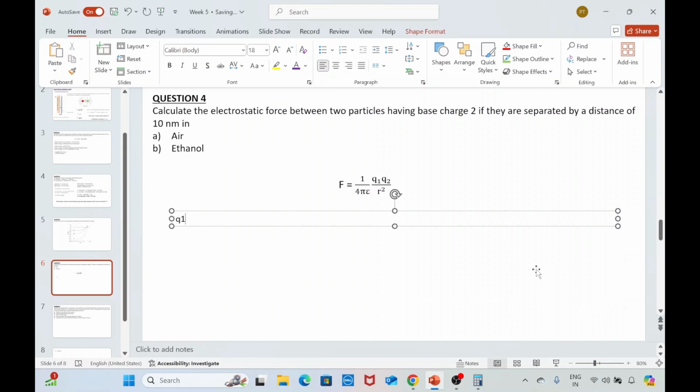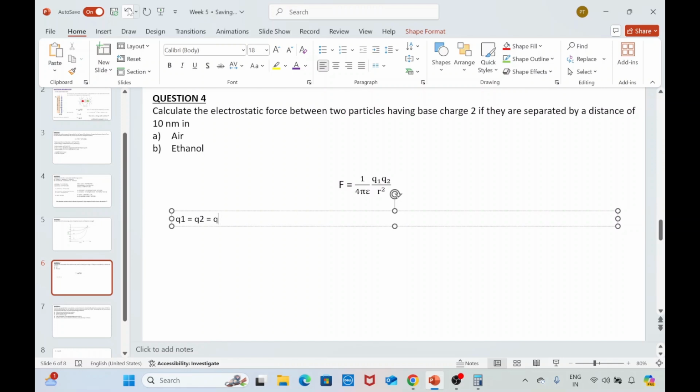So Q1 equals Q2, and let's take this value as Q. Then this expression will become 1 by 4 pi epsilon times Q square by R square.